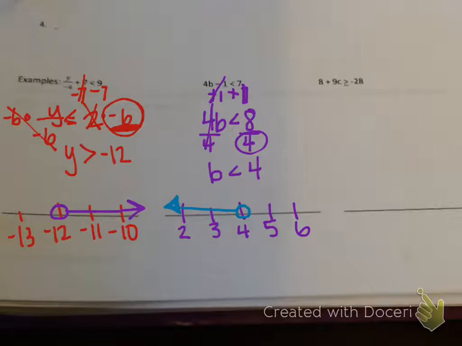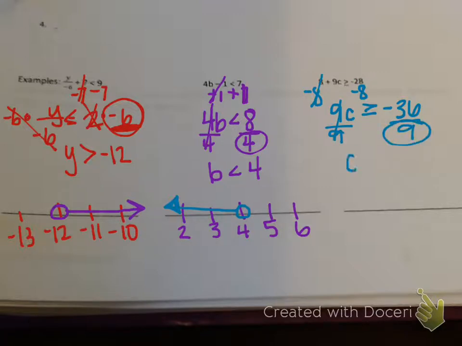On the last one, we should subtract 8 from both sides. So 9c is greater than or equal to negative 36. Divide by 9. I'm dividing by a positive, so nothing changes. C is greater than or equal to negative 4. Again, this number doesn't count. It's already there.